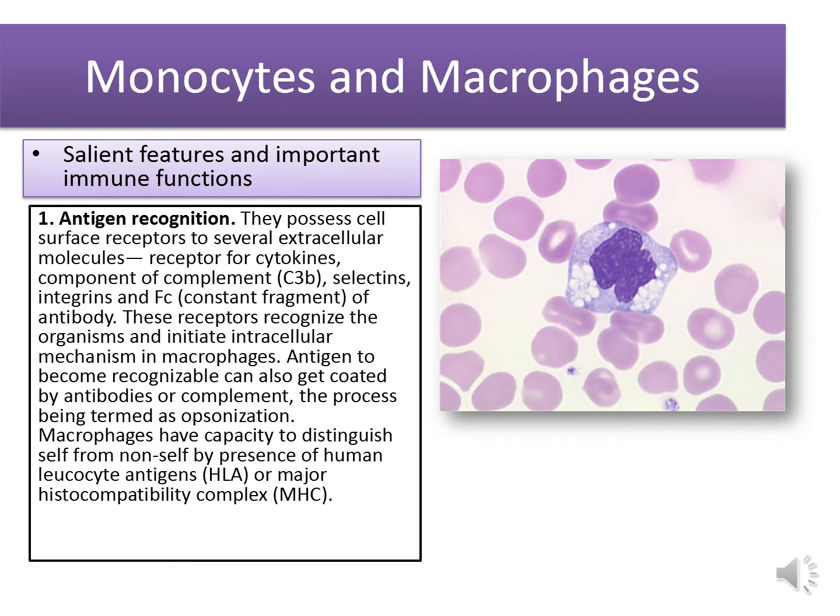These receptors recognize the organism and initiate intracellular mechanisms in macrophages. Antigen, to become recognizable, can also get coated by antibodies or complement, the process being termed opsonization. Macrophages have the capacity to distinguish self from non-self by the presence of human leukocyte antigens or major histocompatibility complex.